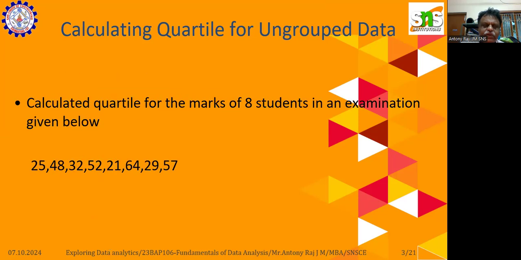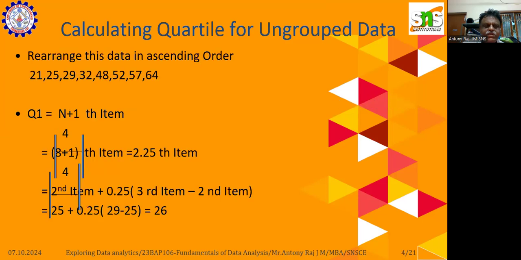Now let us understand how we calculate quartiles for ungrouped data. These are the marks of 8 students in an examination, so we have 8 values. Let us calculate quartile 1, quartile 2, and quartile 3. Quartile 1 is the (n plus 1) by 4th item, so n is 8, plus 1, by 4, which is 2.25.